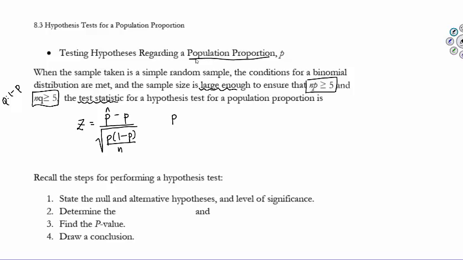I hope you recognize these symbols. p hat is the sample proportion, what we saw from the sample for a percentage of success. p is the value that we assume to be true in the null hypothesis. n, of course, is the sample size.